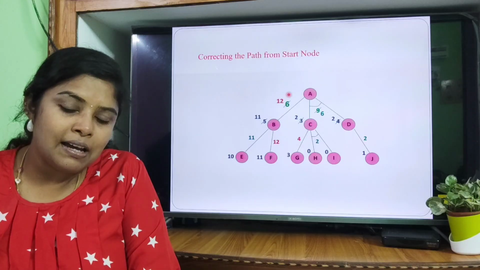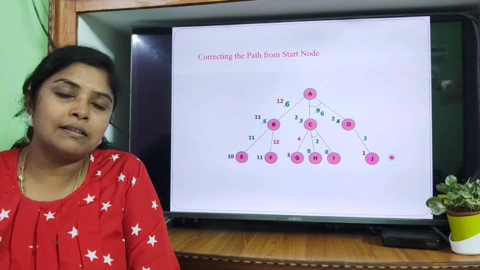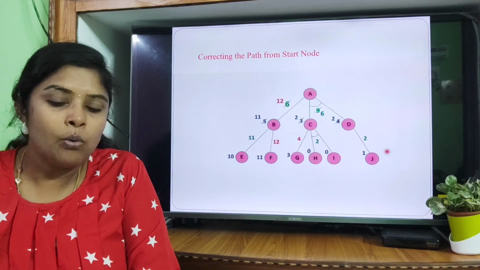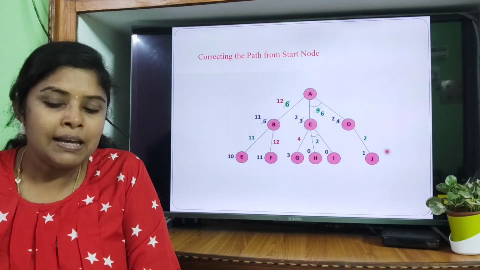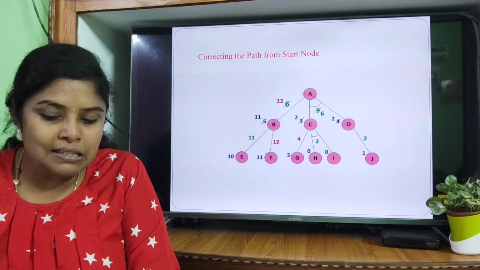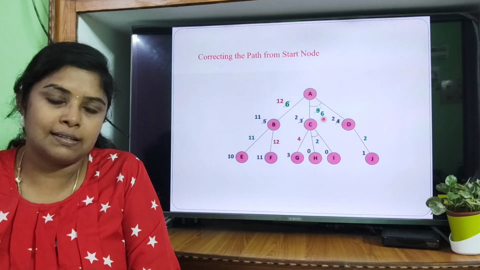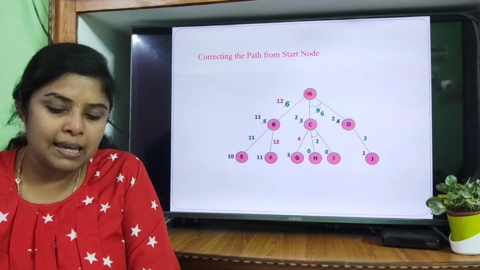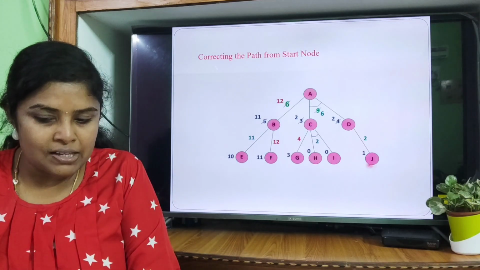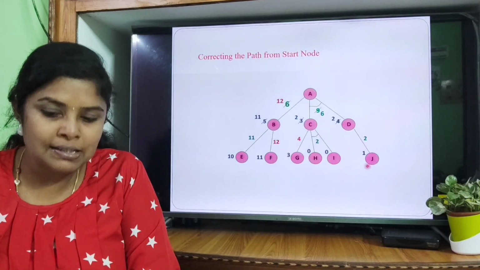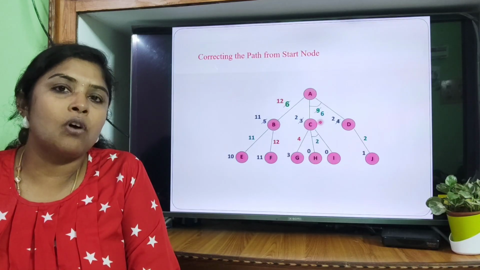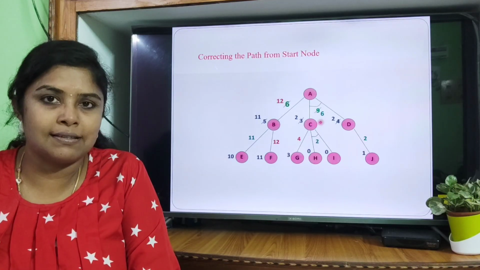So we can say that this particular algorithm, that is AO star algorithm, will stop the execution here. It will say that this is the optimal path and the cost is 6. The shortest path is A, C, D, G, H, I, J. This is the path it will suggest, and it will say that the optimal cost is 6.